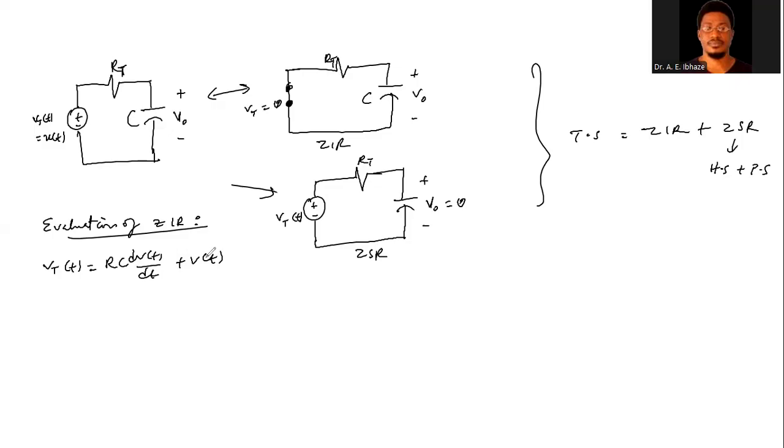Now, since we want to resolve the zero input response, we can replace V(t) with VZI(t), where the input is equal to 0. So it means that we now have RC dVZI(t)/dt plus VZI(t) is equal to 0.